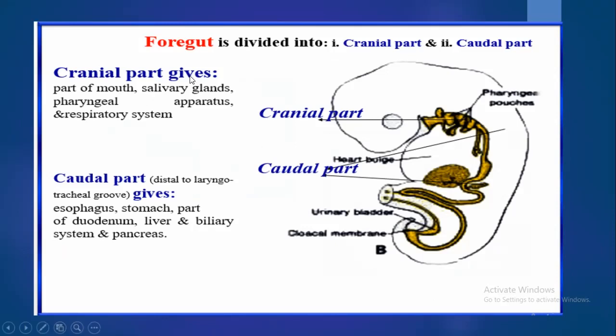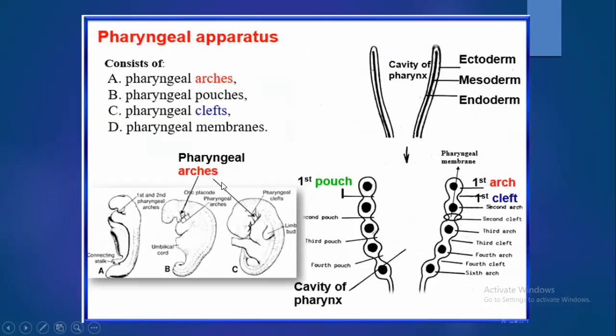The cranial part gives part of the mouth, salivary glands, pharyngeal apparatus, and respiratory system. The caudal part, distal to the laryngeal groove, gives the esophagus, stomach, part of the duodenum, liver, biliary system, and pancreas.